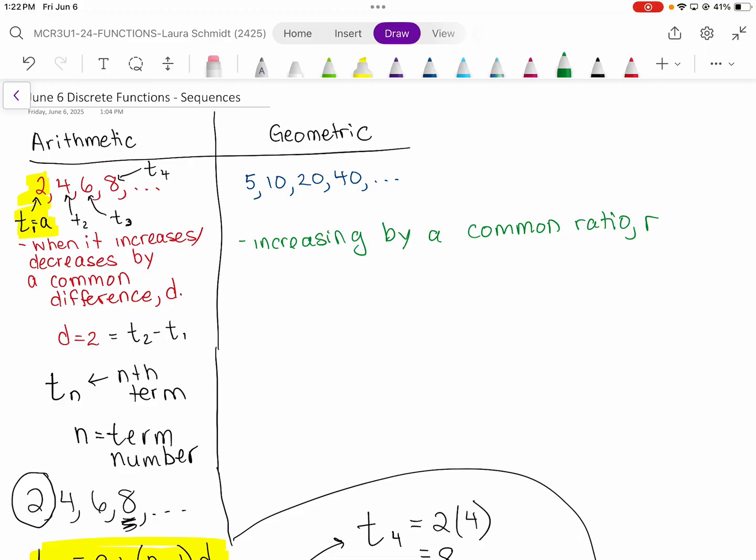So to get the common ratio, we're just doing the same thing we did to get D. We're taking term 2 and dividing it by term 1. So in this case, 10 divided by 5 would be 2. And you can see it's getting multiplied by 2 every time. Or like J-Ball said, if it was getting divided by 2, what would our common ratio be?